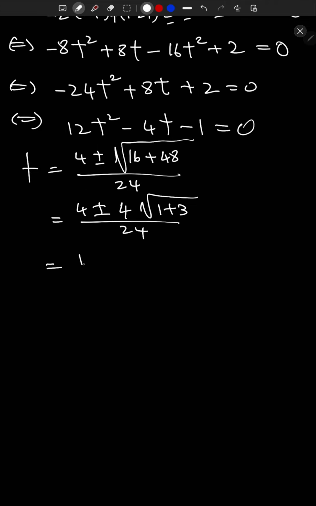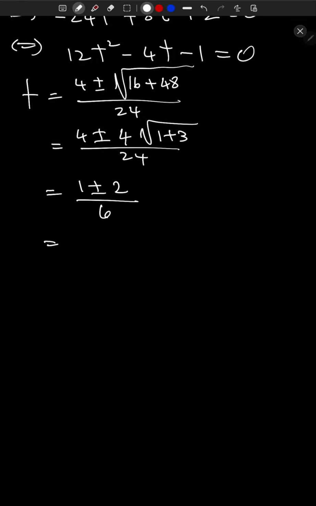So this is going to be 1 plus or minus 2 over 6. So t equals 1/2, and t equals minus 1/6. Those are going to be my critical points for this segment of our triangle.